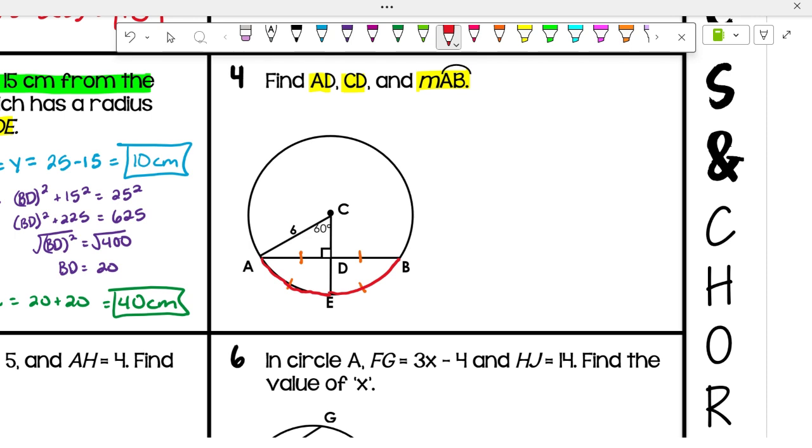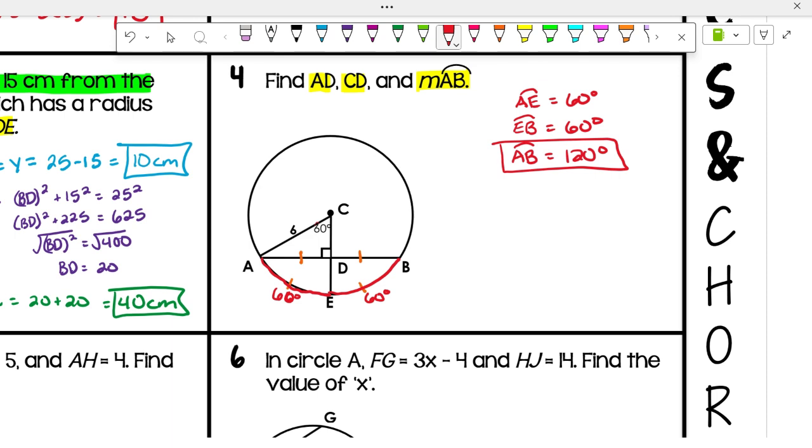What arc can I already get an answer to? AE. Why? It's a central angle, so it's congruent to this angle 60. So this is 60 degrees. Which means that EB is also what? 60 degrees. So that means AB is what? 120 degrees. Just add them together.